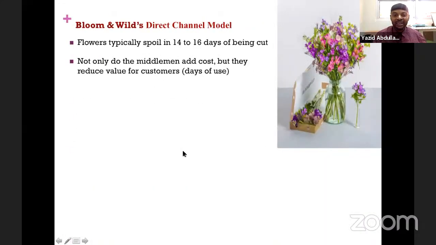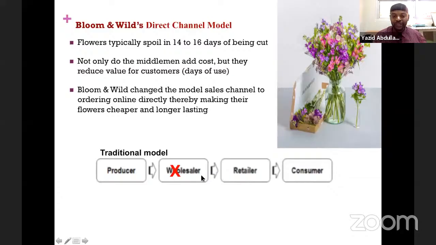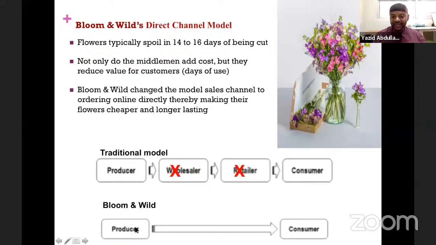So what did this company called Bloom and Wild do? They said, if we're using the traditional model with flower producers and middlemen, they will add what? The cost. Our flowers will become more expensive. At the same time, if we add middlemen, it will take longer for the flowers to get to the customer. So they also said, we don't need wholesalers, we don't need retailers, and they started selling directly.